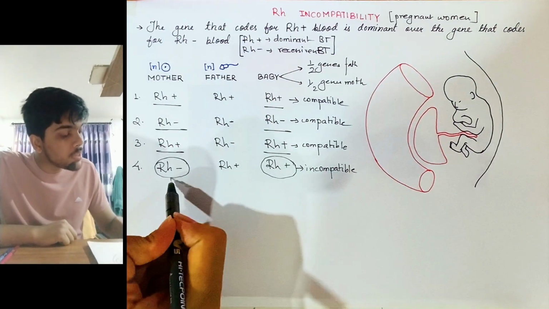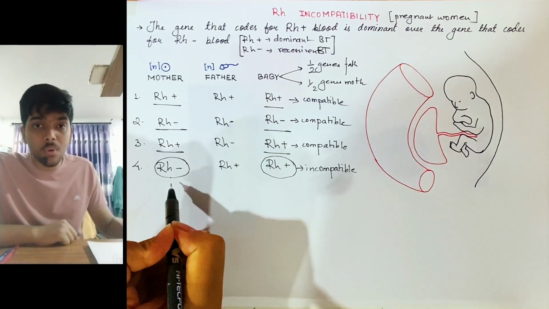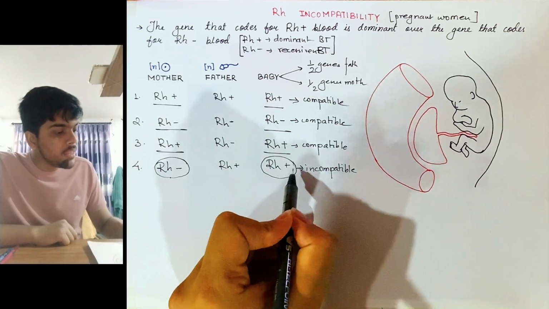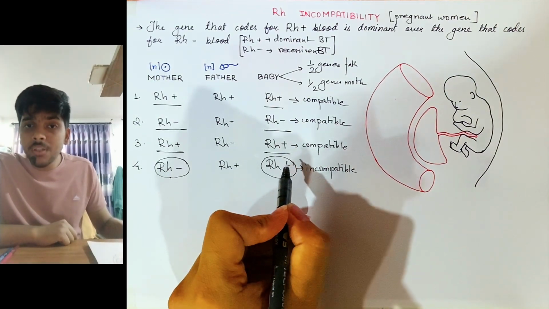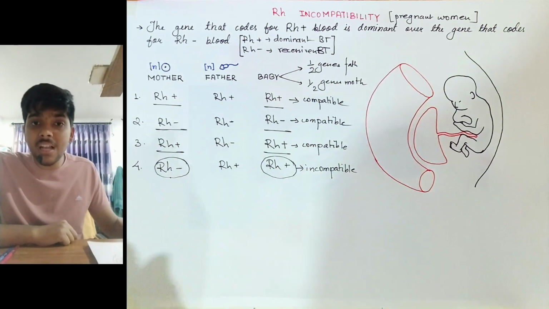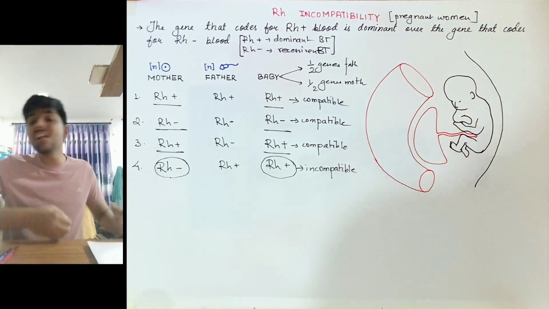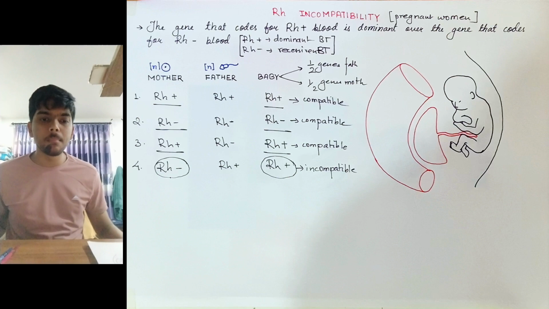Because the blood of the mother with Rh negative blood type contains anti-Rh antibodies, or the missiles, while the baby with Rh positive blood type contains Rh antigen, or the target of the missiles. So imagine if the missiles and the target of the missiles are at the same place, the missiles are going to blast the target and the baby is going to die.